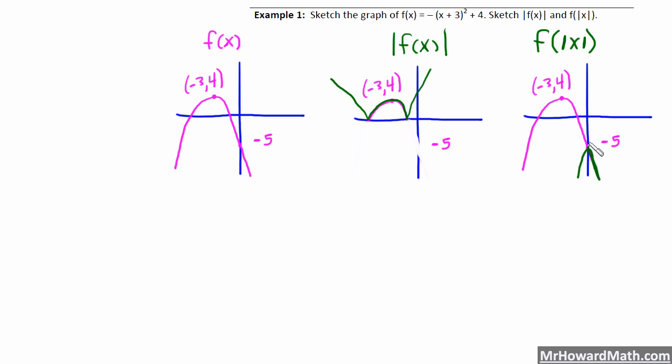All of the original negative x coordinates of the function are gone. They are removed, they are erased, however you want to look at it. Only the positive x's from the original are reflected over the y-axis, and everything else is gone.